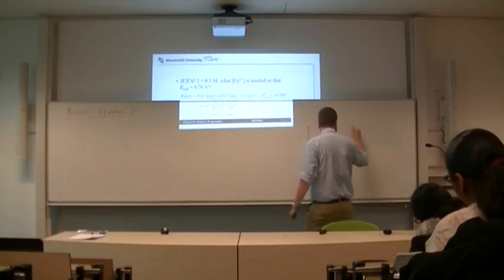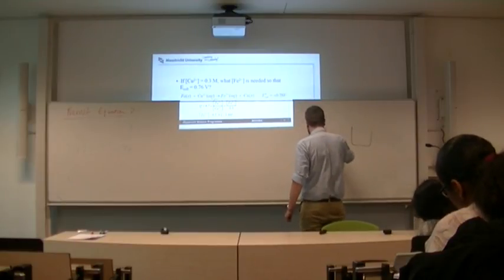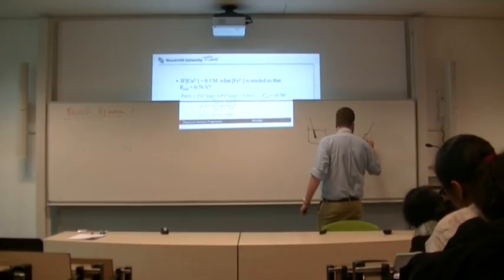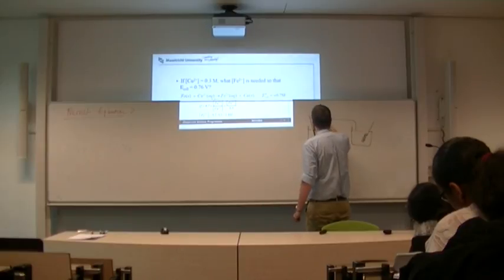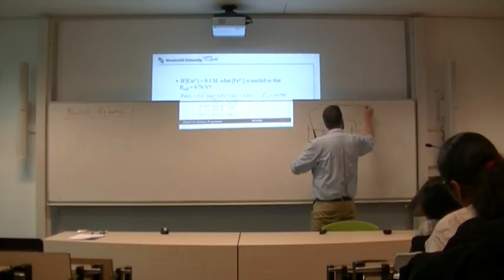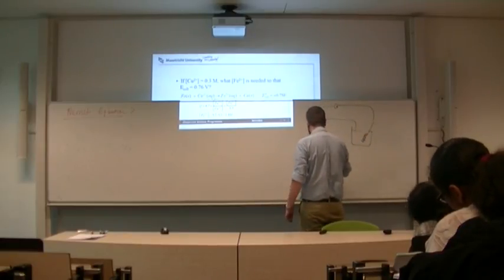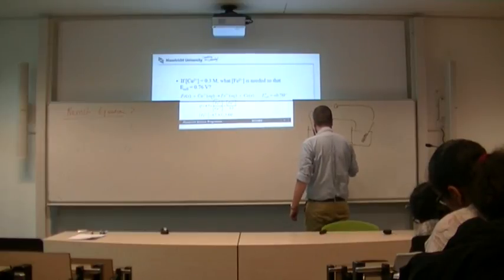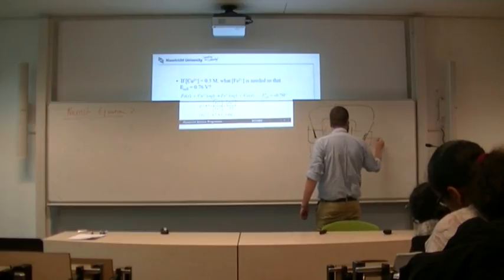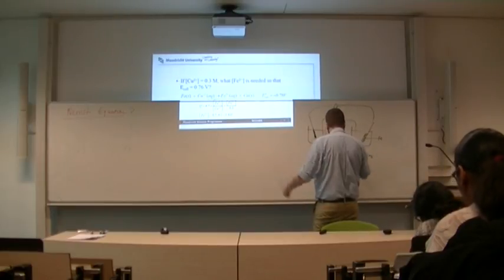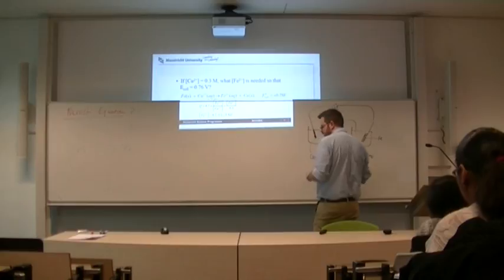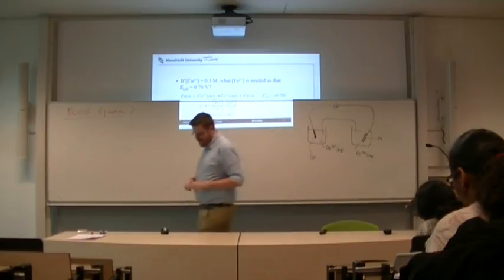Here's the cell. Here's the salt bridge. Here's the potential. Right, this is copper. This is a copper 2 plus solution. This is iron, and this is an iron 2 plus solution. Iron sulfate, copper sulfate, nitrate, whatever. The counter anion doesn't matter, it's a spectator.